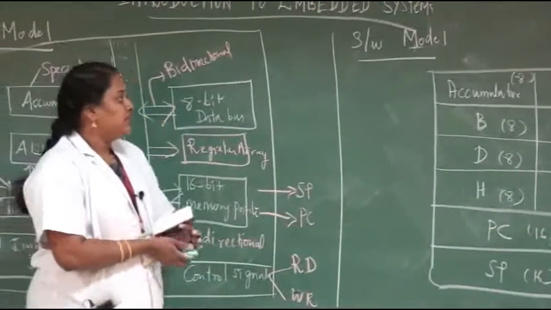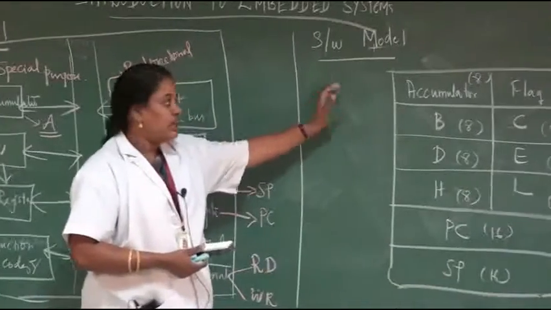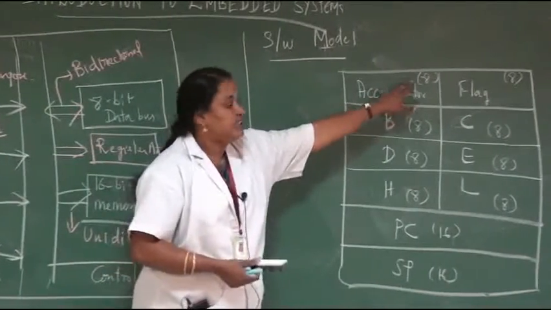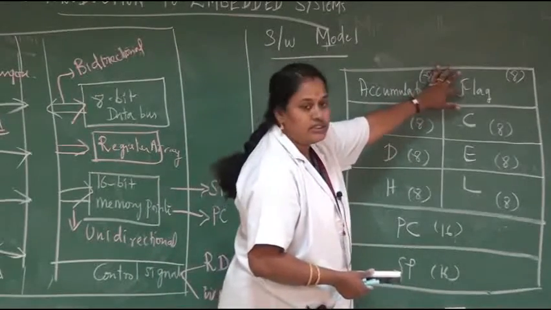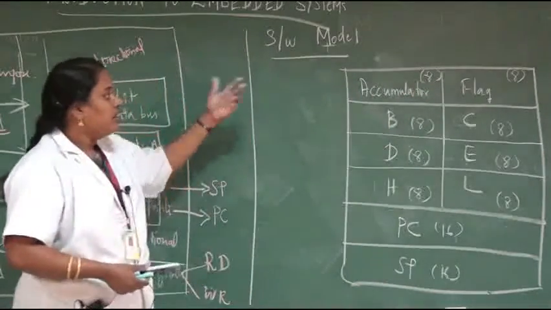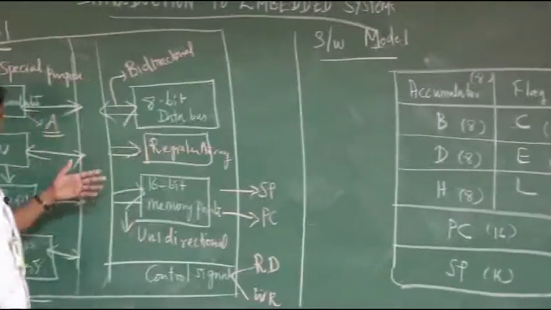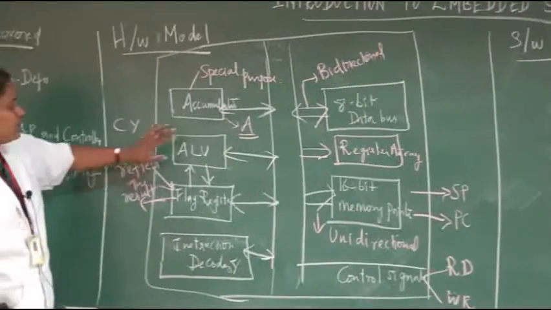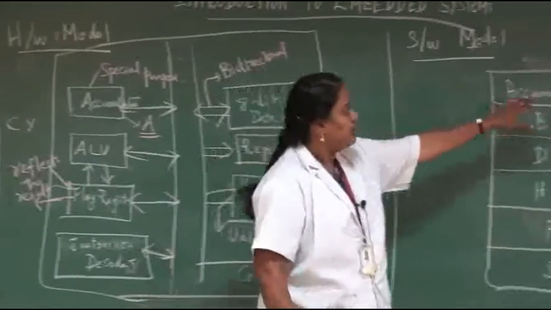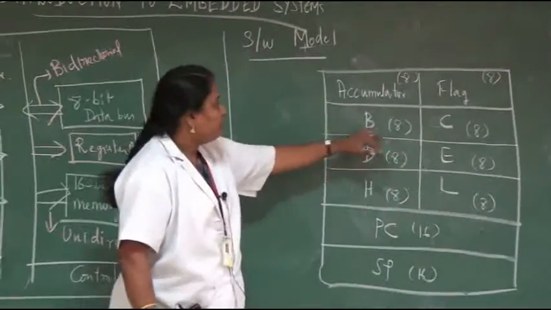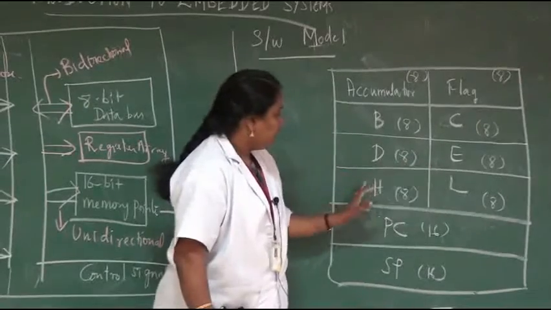So as we have discussed, the accumulator is a special purpose register, and it is an 8-bit register which can store 8-bit data. And we have the flag register, which we have seen already. The flag register just reflects the result of the previous arithmetic operations, and the size of the flag register is 8-bit. And we have B, C, D, E, H, L.